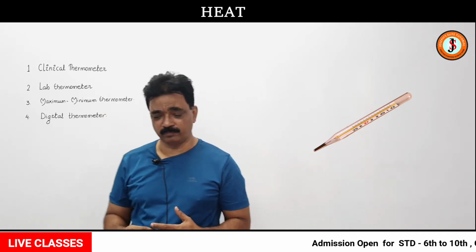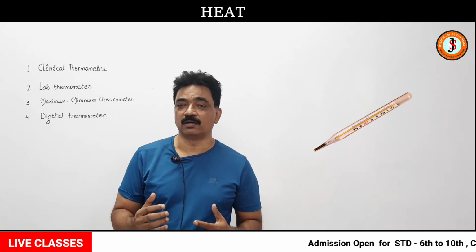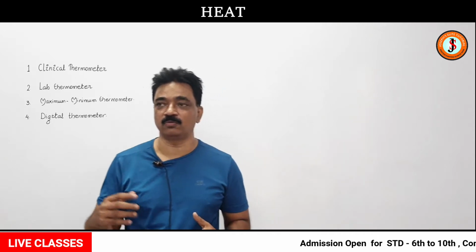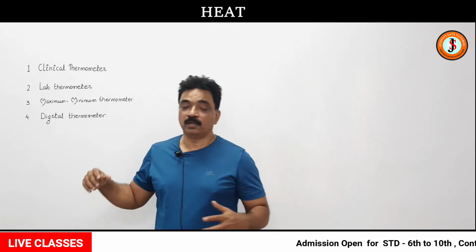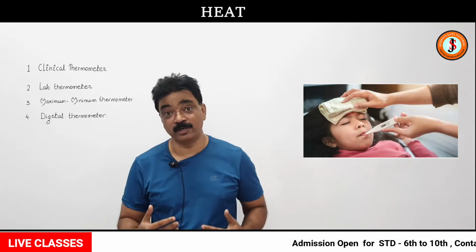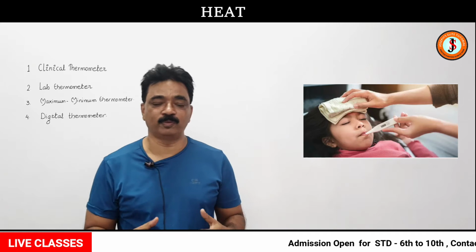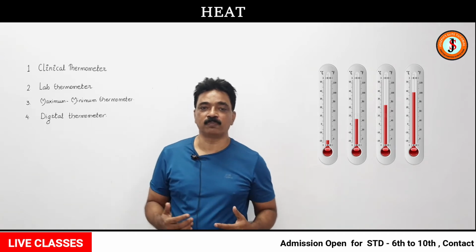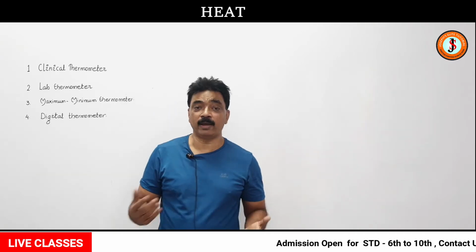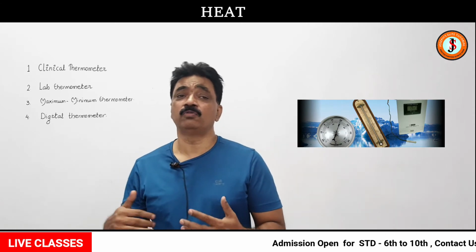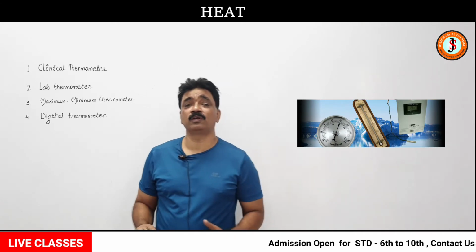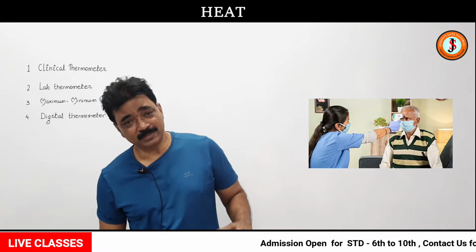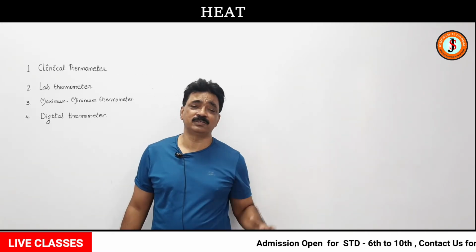We need a particular type of thermometer for each purpose. For example, if we have to take the body temperature, finding out whether a person is feverish or not, or if we have to take the room temperature, for these purposes we have different thermometers. If you are working in a weather department, you have some other type of thermometer. If you are working in an advanced medical lab, you have again another type of thermometer. So basically first we will understand the traditional thermometers.